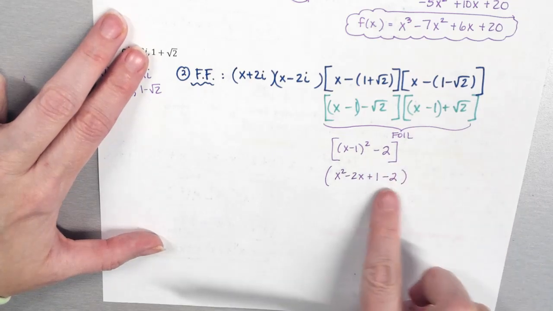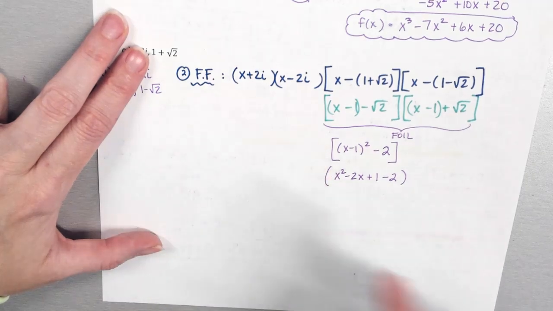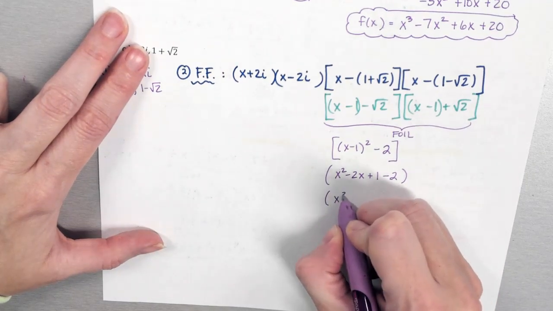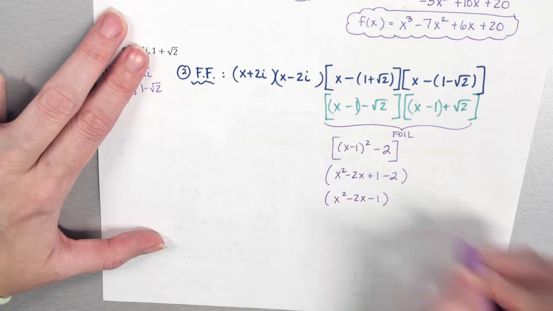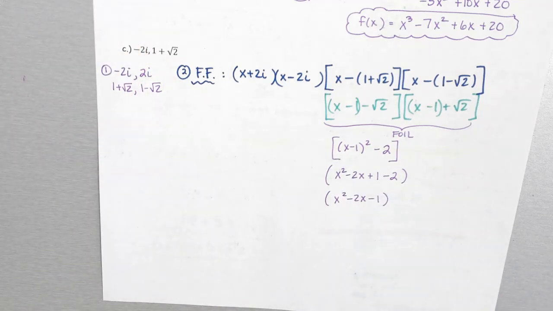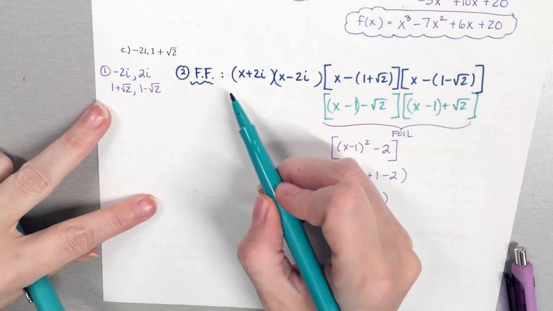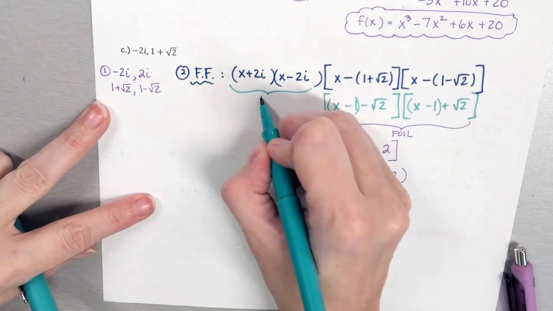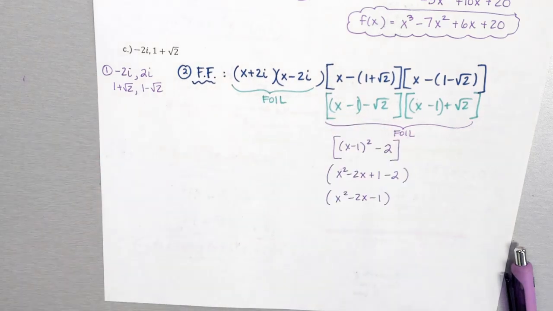And then don't forget, you have to do this before you can combine it with anything else. Okay, so then we're going to FOIL here. Go ahead and FOIL that and see if you can simplify.